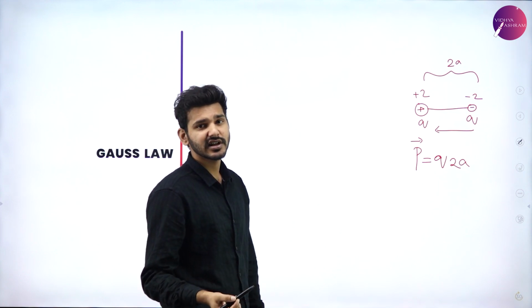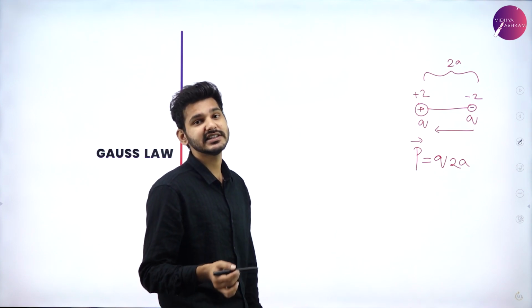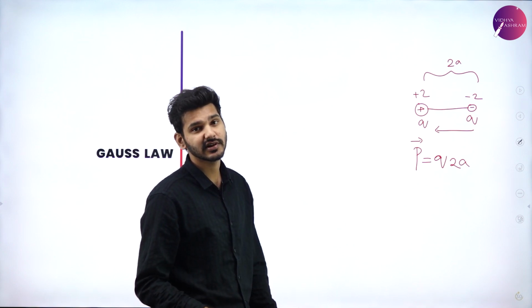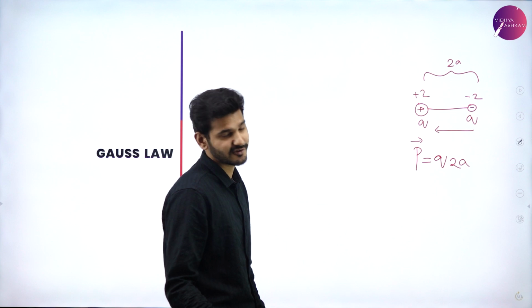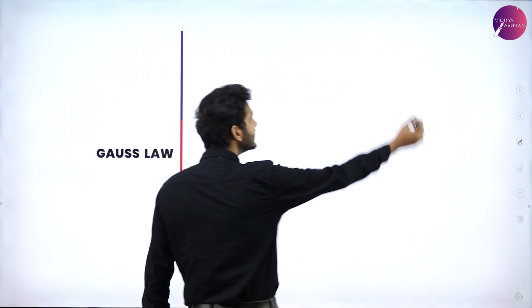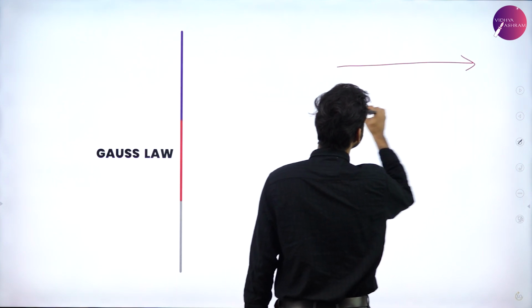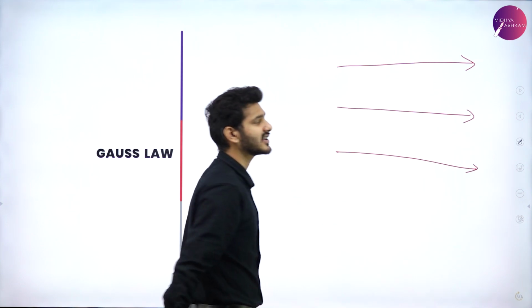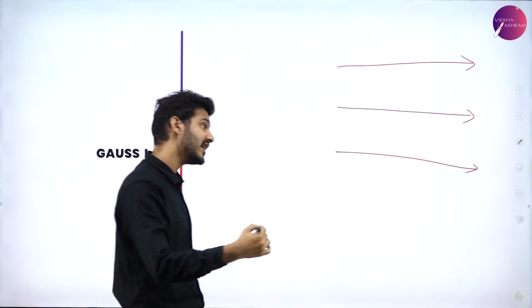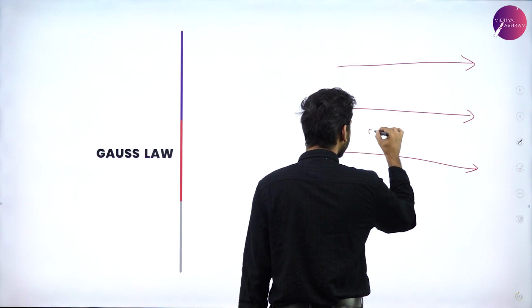So now the question arises: what if the entire dipole itself is kept in an electric field? How will the dipole behave? Let us look into that for a moment. Let's imagine that this is our electric field, and we have a dipole which is kept like this.